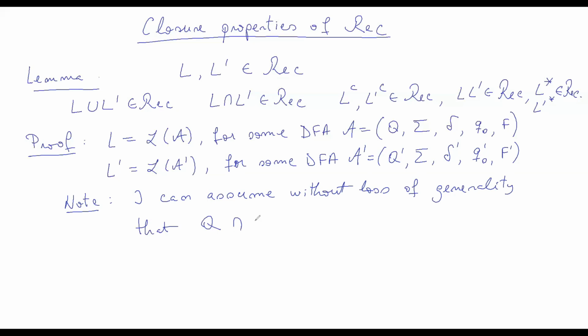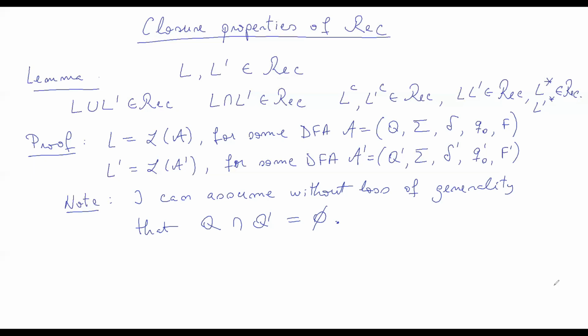Q and Q prime are different states, so their intersection is empty. And if it happens that they were not distinct from each other, just rename the states in Q prime, and then you're going to have this condition trivially satisfied. So this is not a big deal, but I'm going to need this condition to be true in my constructions.